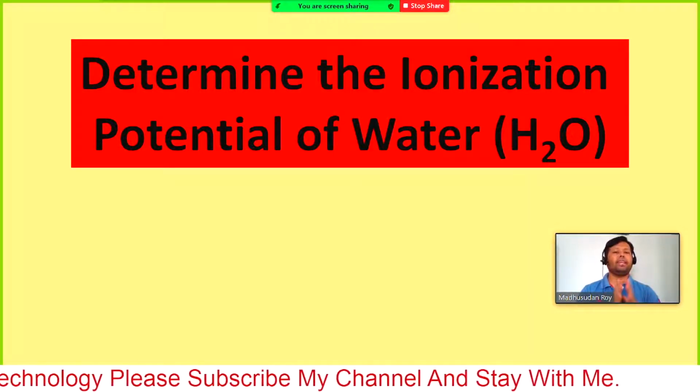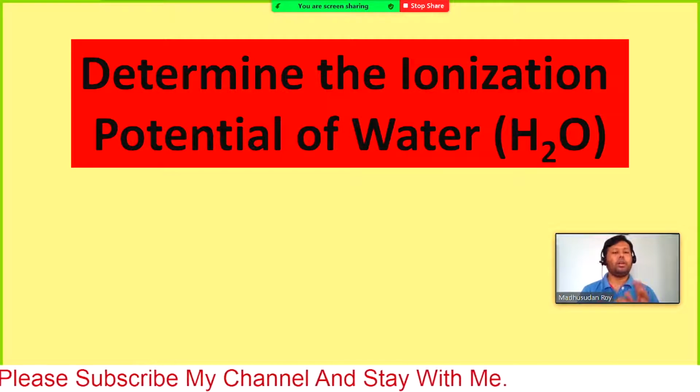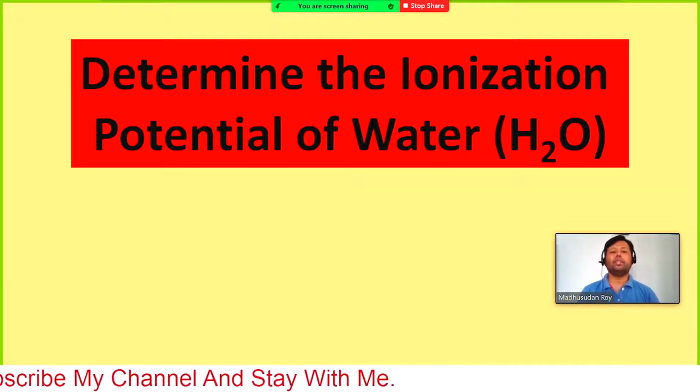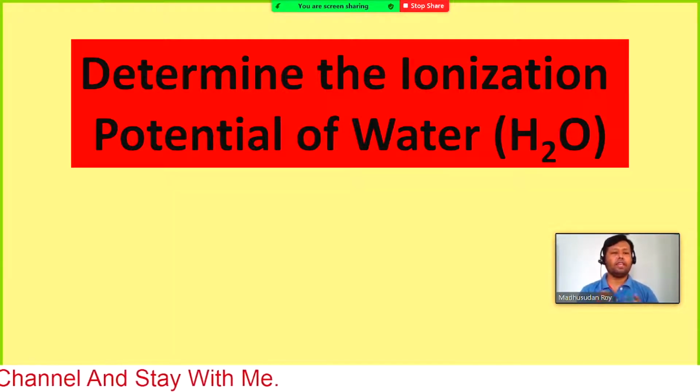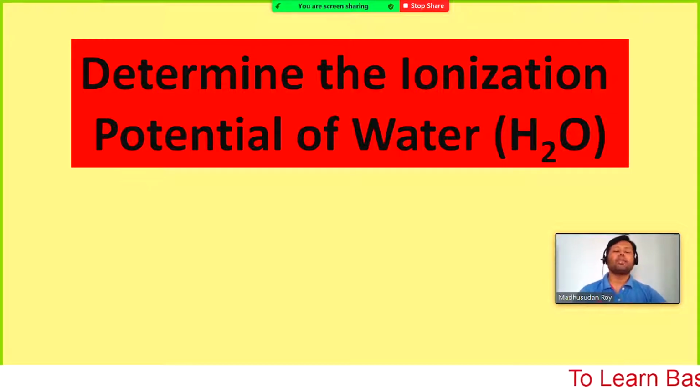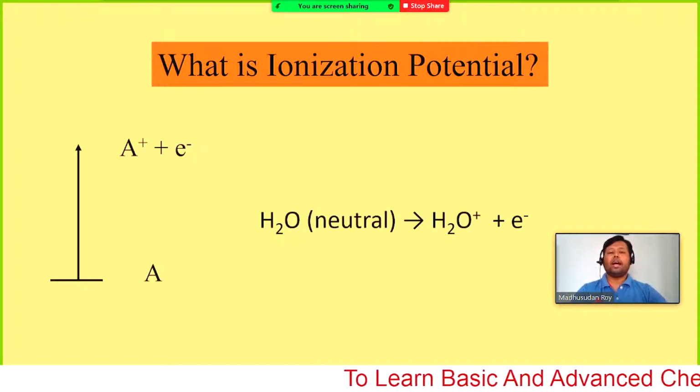So we will find out the energy of the molecule and the energy of the ion, and then we will take the difference between the energy of the neutral molecule and the energy of the ion, and that will give the ionization potential. So what is the ionization potential?